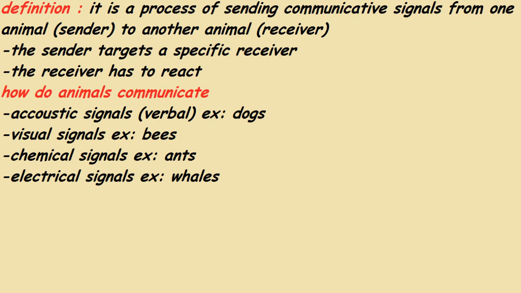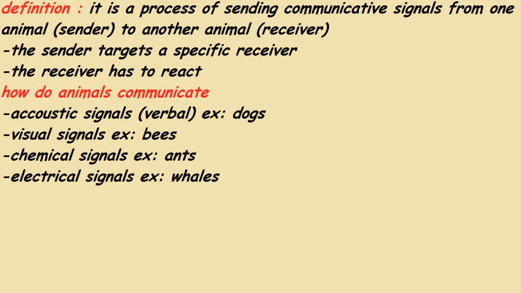For example, birds communicate between each other through verbal signals, perhaps tweeting. Only other birds can understand that kind of communication. Dogs as well. Dogs communicate between each other through barking. Cats as well, horses as well, and wolves. Wolves usually howl in order to communicate with other wolves of the pack, for example.